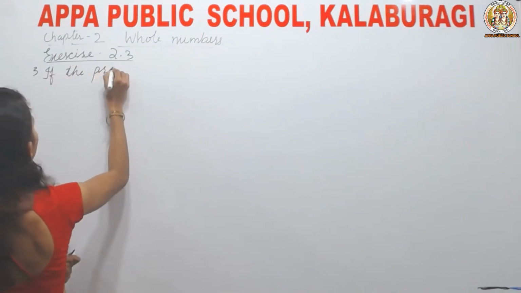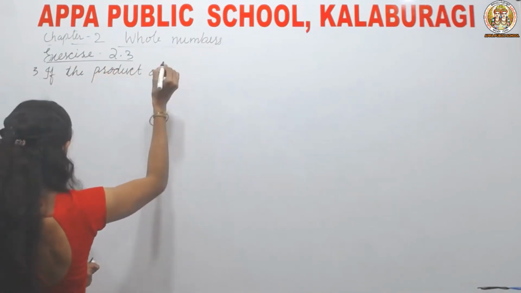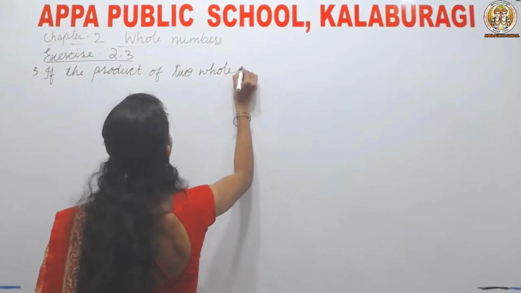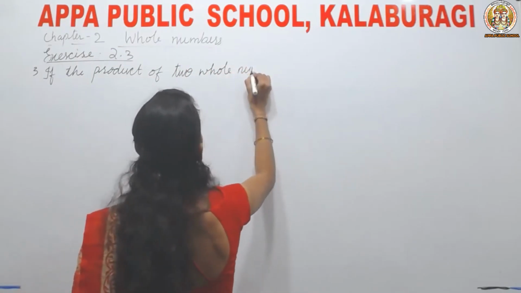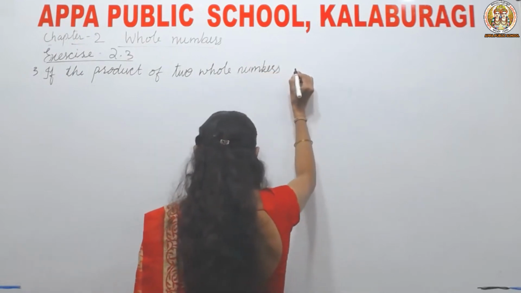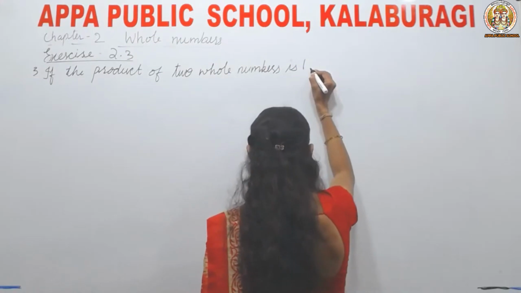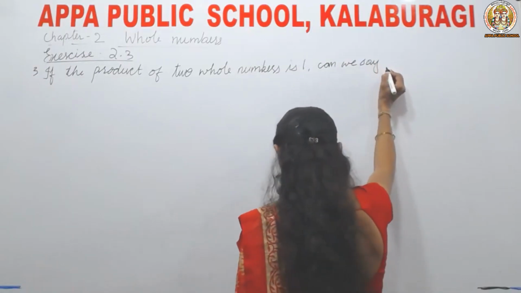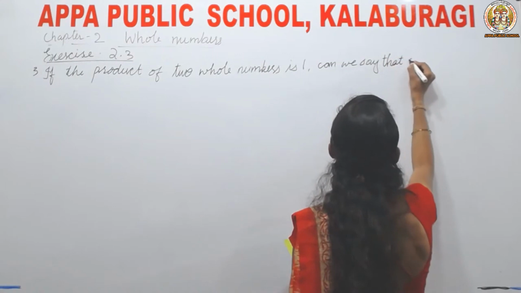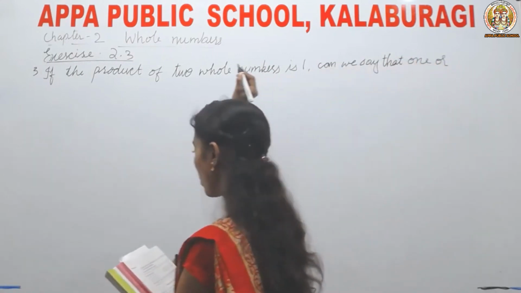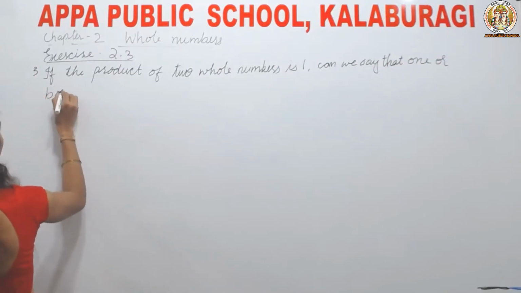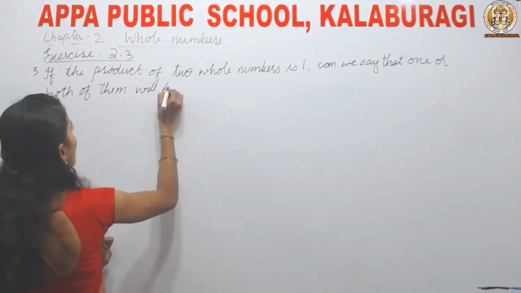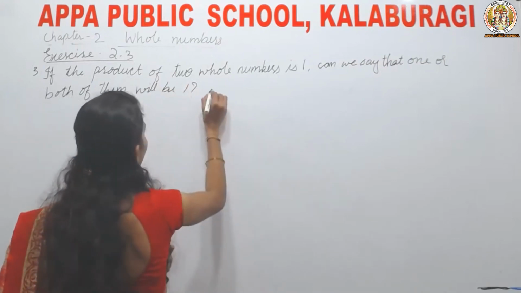If the product of two whole numbers is 1, can we say that one or both of them will be 1?